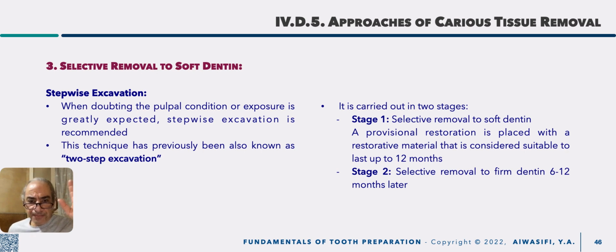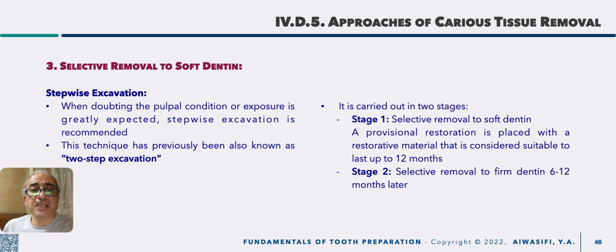Again, remove as much as possible. Still you have soft carious dentine, but you don't like to expose the pulp. You don't like to refer the case to an endodontist. The idea is to give a chance for your pulp to heal and for your dentine to remineralize.